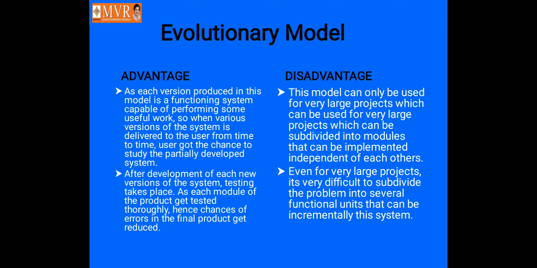Hence, the chances of errors in the final product get reduced. When you are using the elementary model, the main advantage is that each module of the product gets truly tested, so that in the final delivery of the product, the errors will be less.